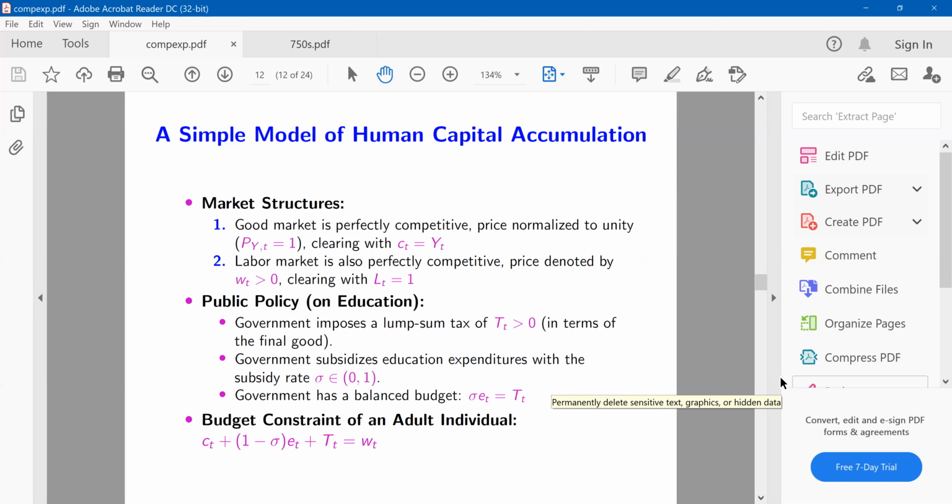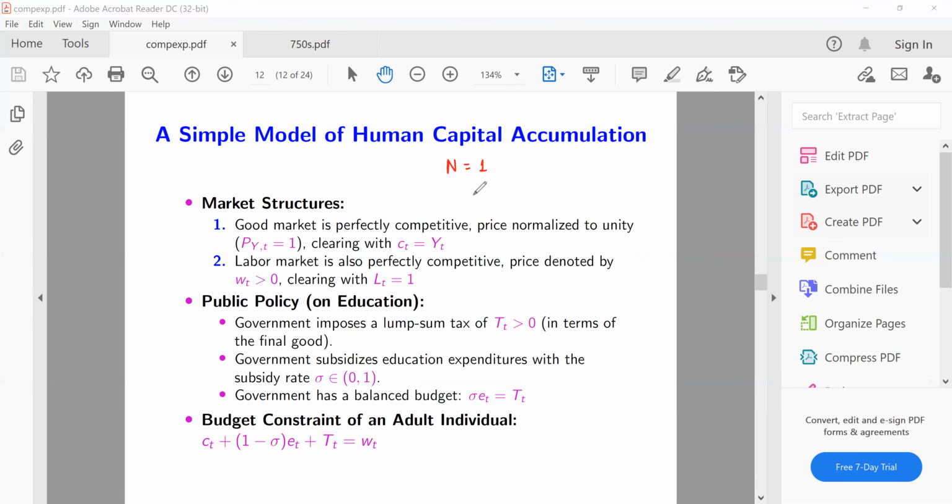So the price of labor is denoted by WT. The market clearing condition is LT equal to 1, because population is equal to 1, and labor supply per adult is also equal to 1. So total labor supply is just equal to 1, and demand is equal to total supply, which is equal to 1.